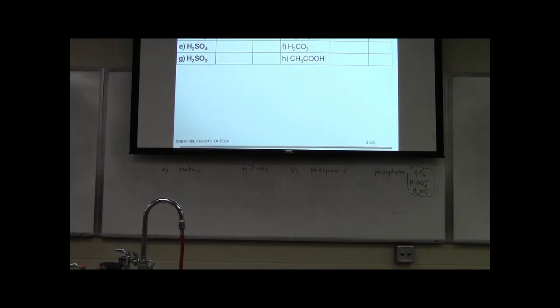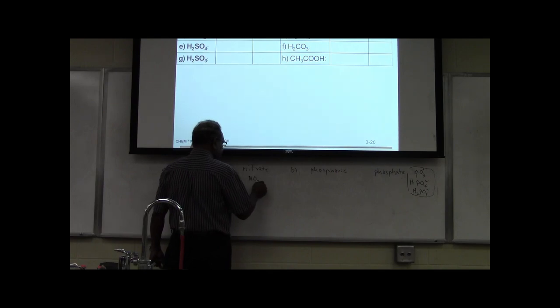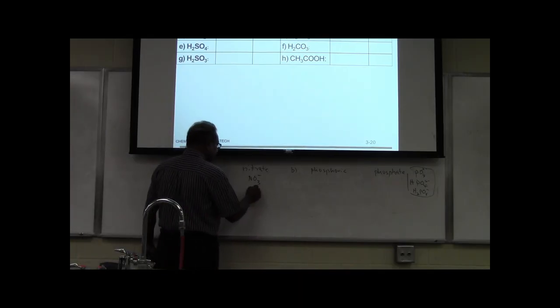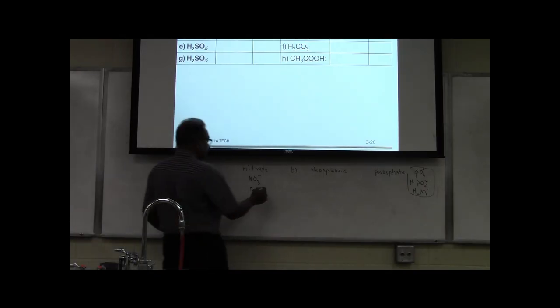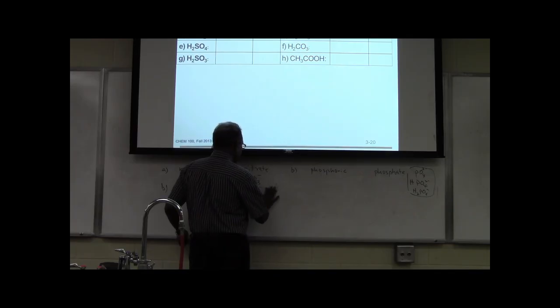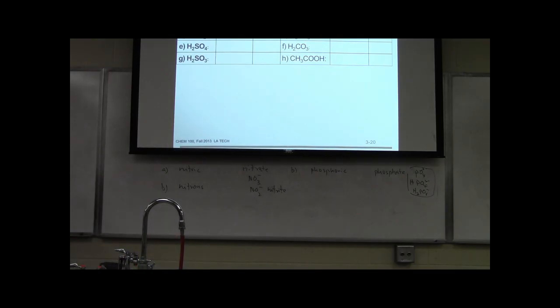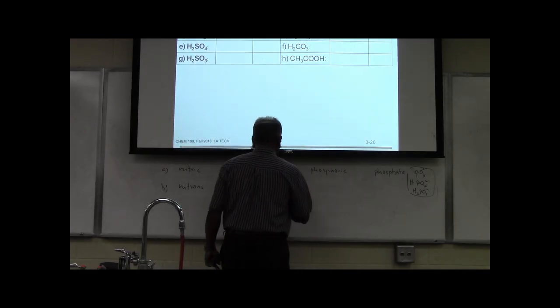Now, nitrous acid, B. Nitrous. Nitrite ion. It's called nitrite. Now C. Okay.